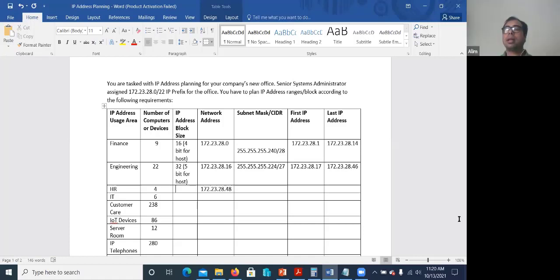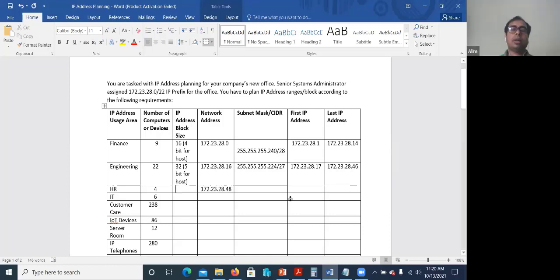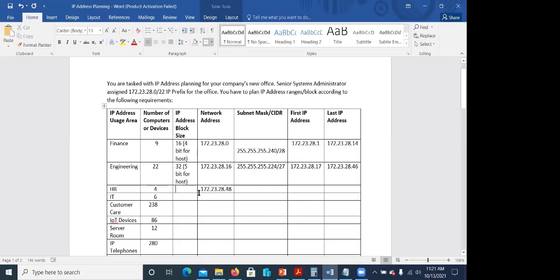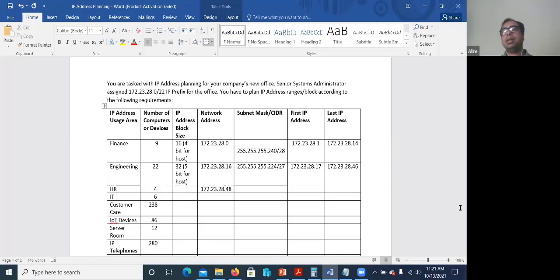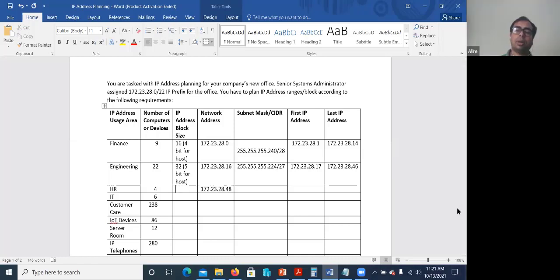Yahya and Usnata. Yes, sir. Can you tell me the IP block size for HR here? Can you see? What about Ali Atik? Sorry, we cannot see the whole name, however.